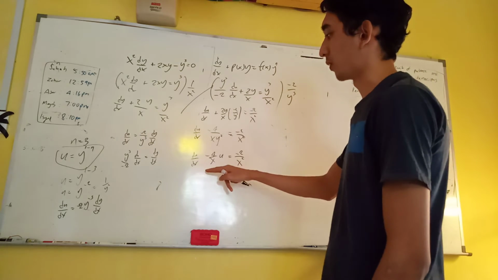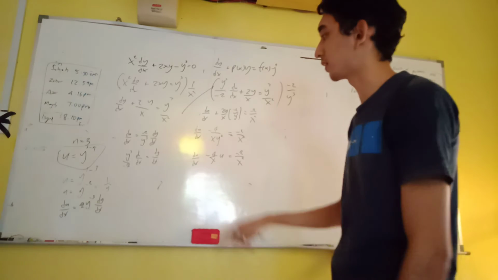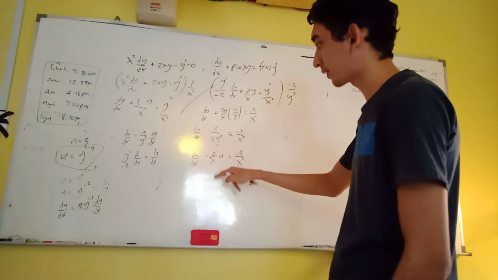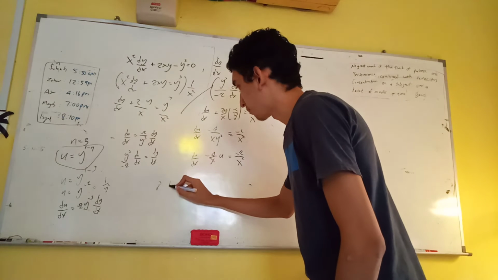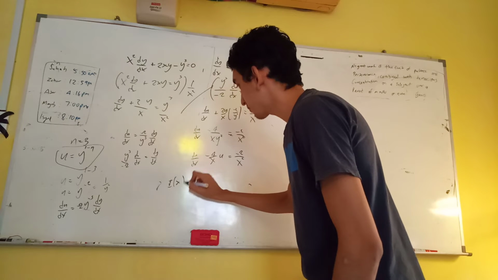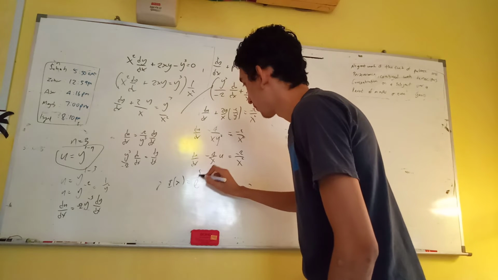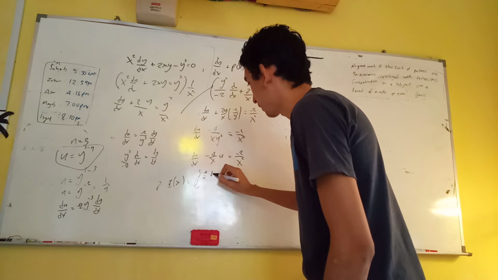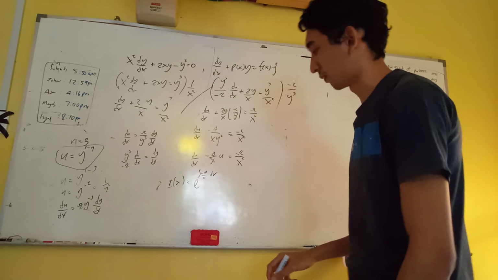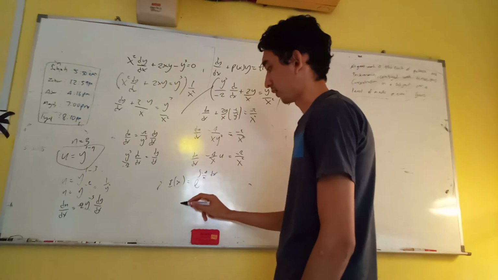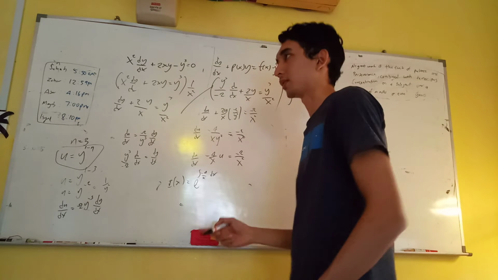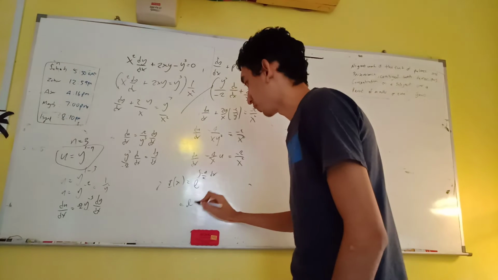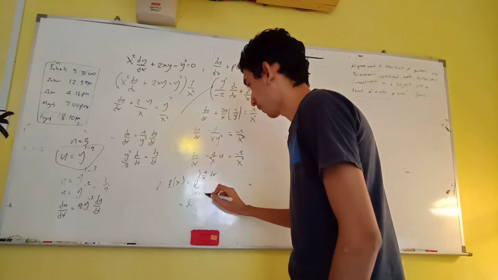We realize that we need to use the integrating factor. Our integrating factor is e to the power of the integral of negative 4 over x dx. The integral of negative 4 over x is a simple logarithmic integration. So this will give us negative 4 ln x.